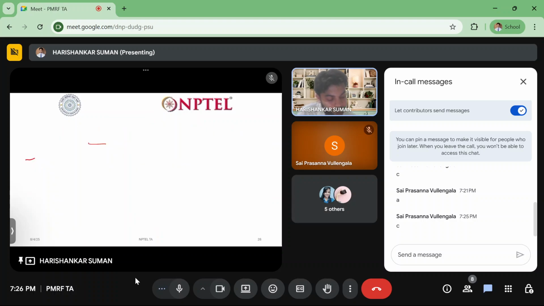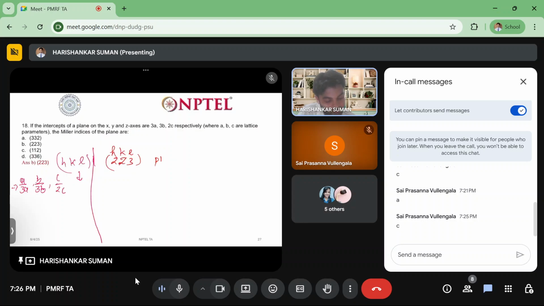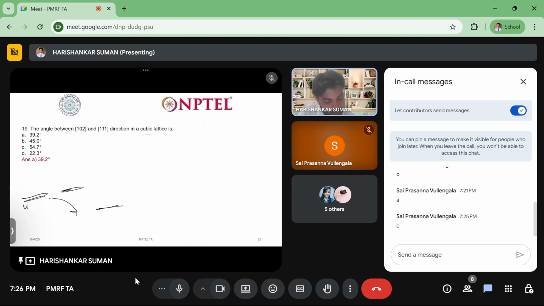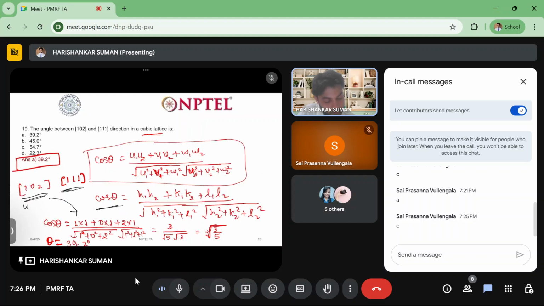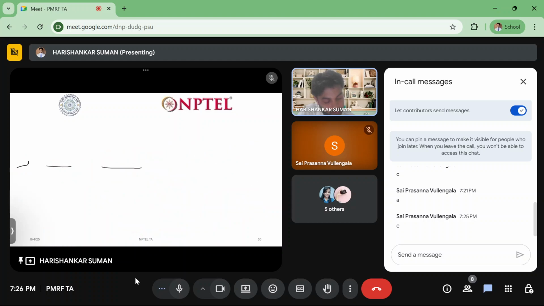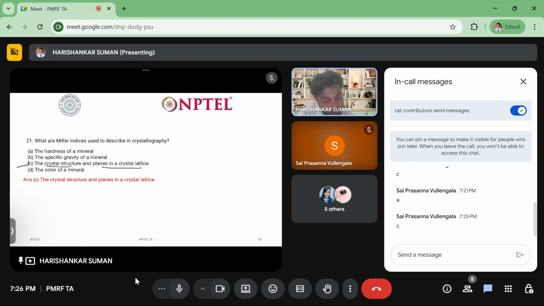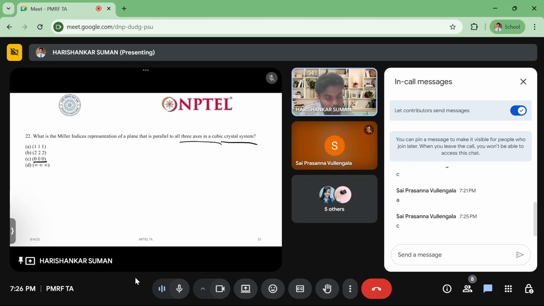Your answer is C, but answer C is not correct because 0, 0, 0 is not a plane, and there is no physical meaning of 0, 0, 0.